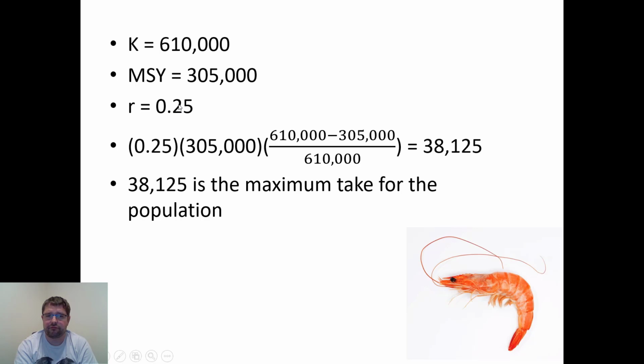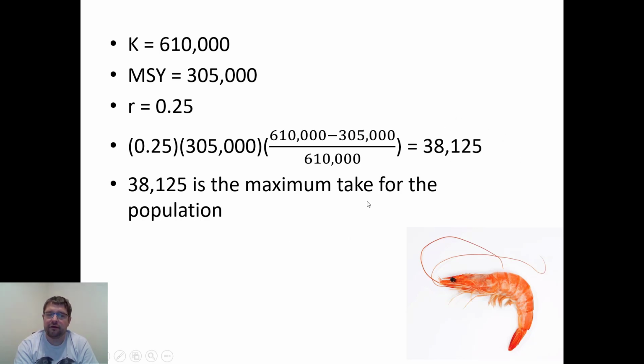Their R is often a best case or best guess scenario, which gives you this number. So if K is a ballpark, therefore MSY is ballparked, and therefore R is ballpark, then this is probably ballpark.